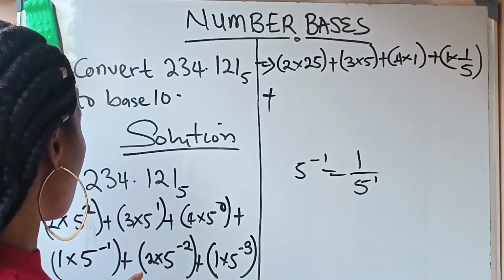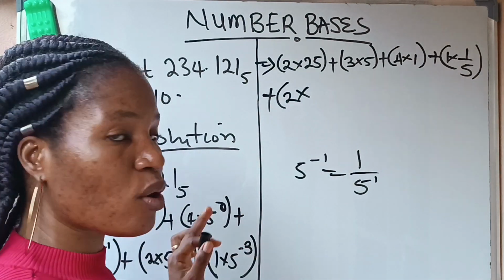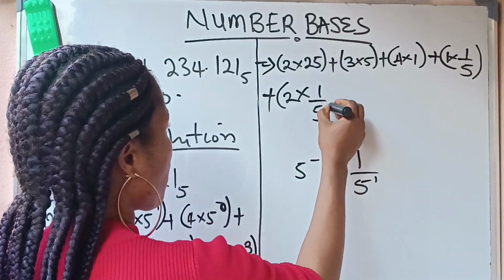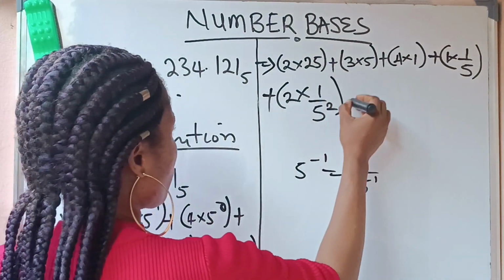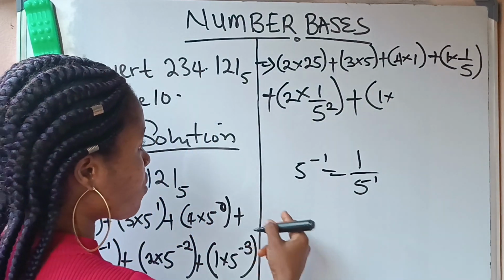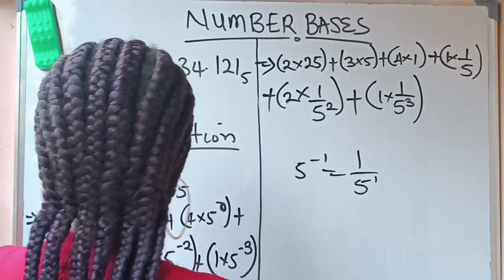Plus, we are going to have 2 times 5 raised to the power of -2. The same way, I'm going to have 1 over 5 raised to the power of 2 instead of 5 raised to the power of -2. Plus I have 1 times 5 raised to the power of -3, same thing as 1 over 5 raised to the power of 3.